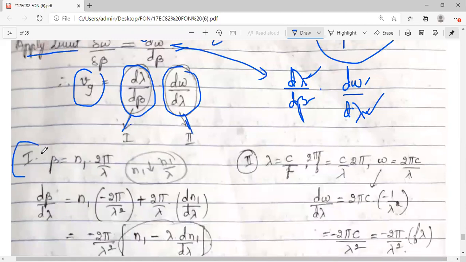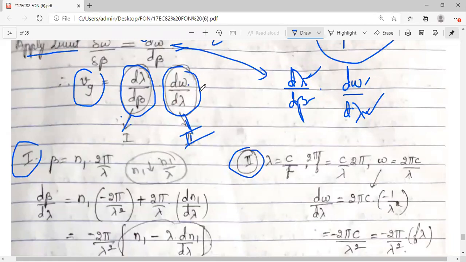Let me first show you the first bracket, d lambda by d beta. Before this, let me show you the second one, which is simpler. Let us complete that, then I'll come to the first. d omega by d lambda, let me complete.